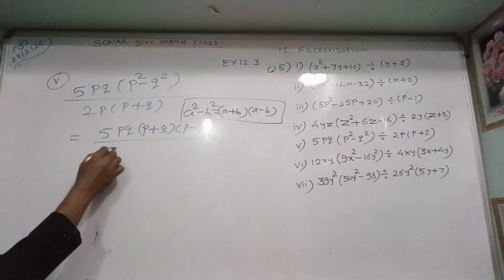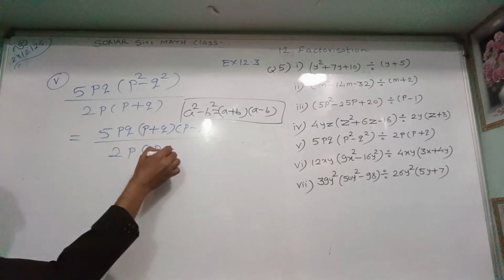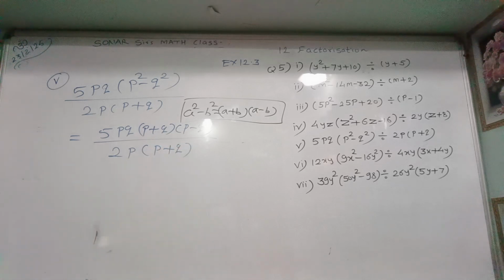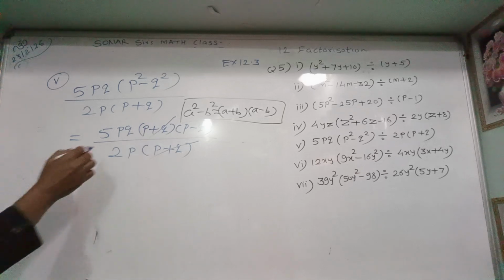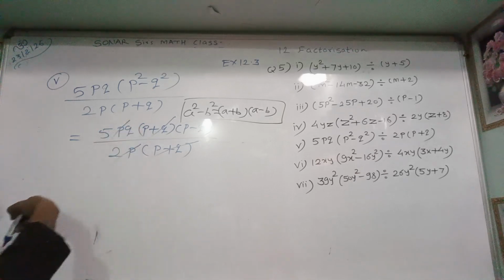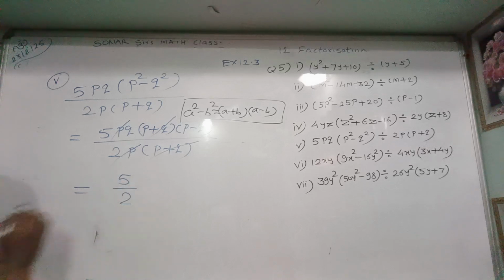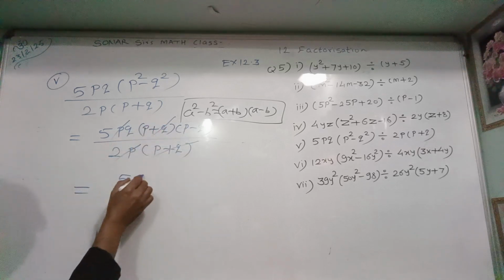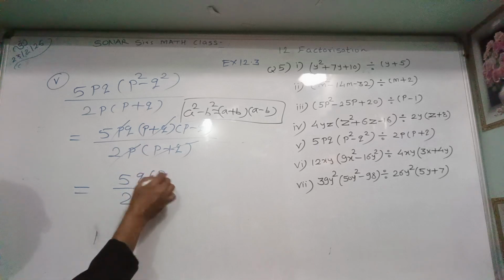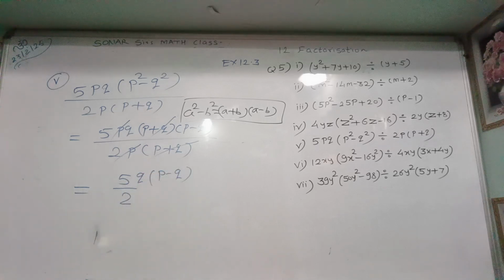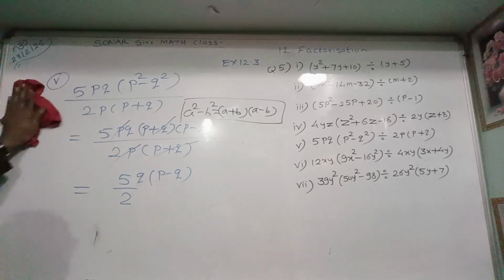In the denominator 2p in bracket p plus q. So here p plus q cancels, and this p to the power 1 cancels with this p. So the answer is 5 upon 2 and in bracket q into p minus q. This is our answer to question number 5.